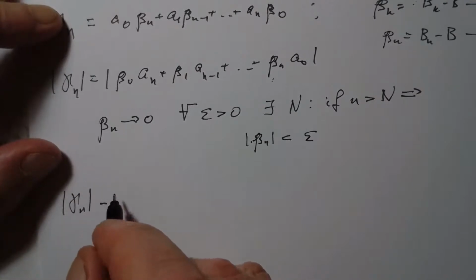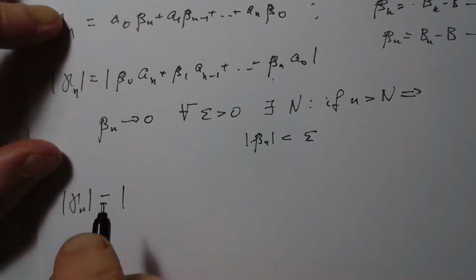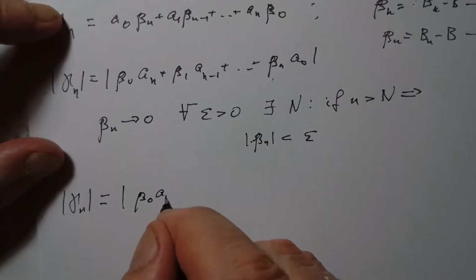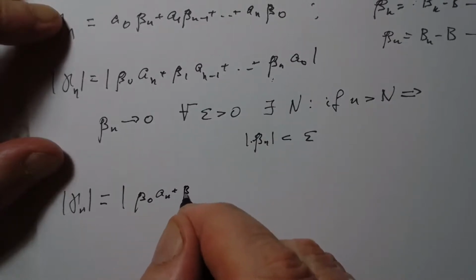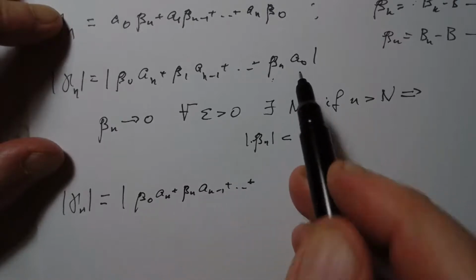Okay, and now I'm going to replace my gamma n by the following thing. It is equal to beta naught a n plus beta 1 a n minus 1, and I'm not going to add it to the whole end.